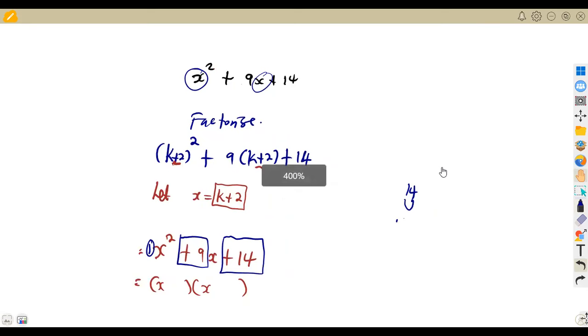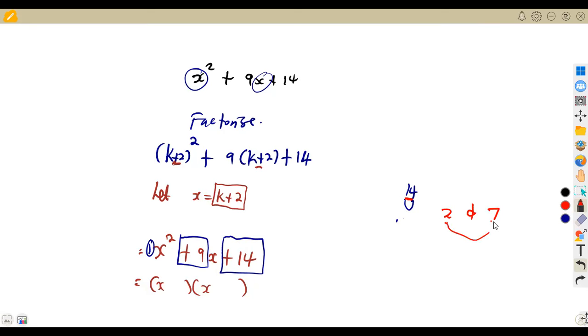We are saying these are two numbers that when multiplied give us 14, and when added give us 9. Consider 2 and 7. Multiply 2 by 7, we get 14.